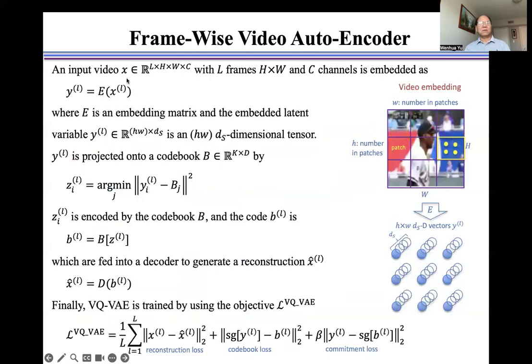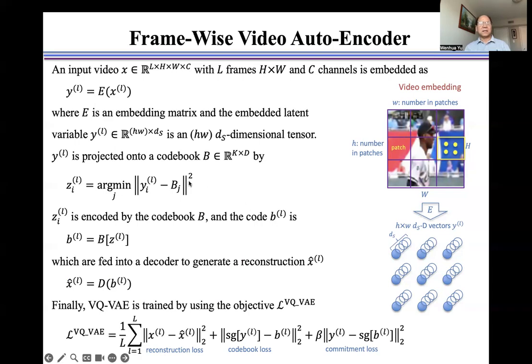I input video X with L frames with a resolution of H by W as shown here, and C channels, to be embedded as YL, where E is an embedding matrix, and the embedded latent variable Y is an H by W by ds dimensional tensor as shown here.